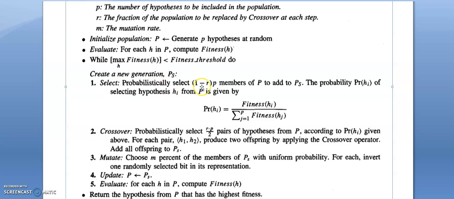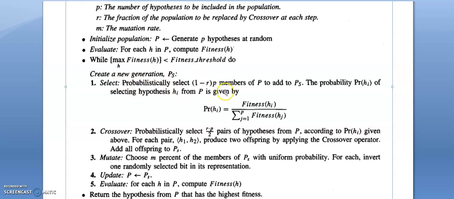So we select (1 minus R) times P members of the current population to be added to the new population PS, and the probability of selecting a hypothesis from the current population is just the ratio of the fitness value of the hypothesis and the total fitness value of all the hypotheses present in the current population.